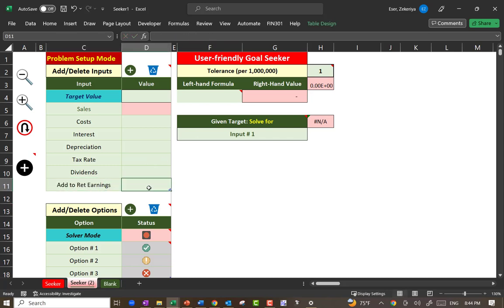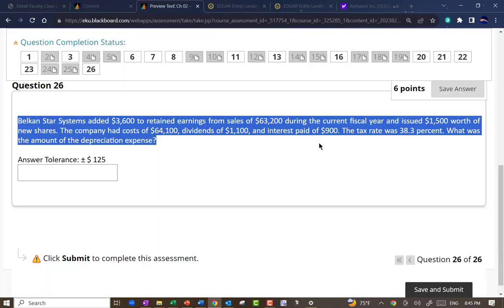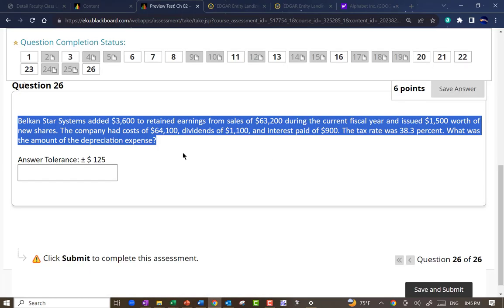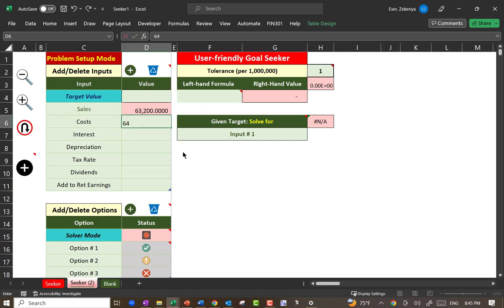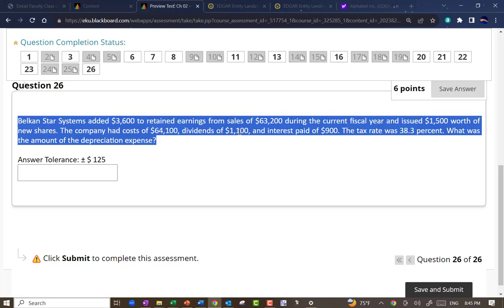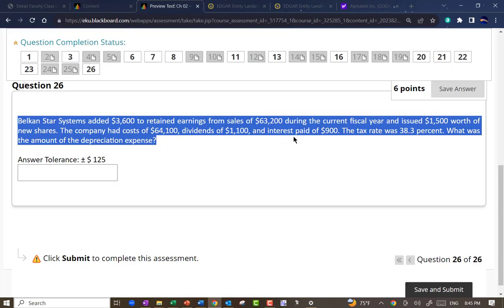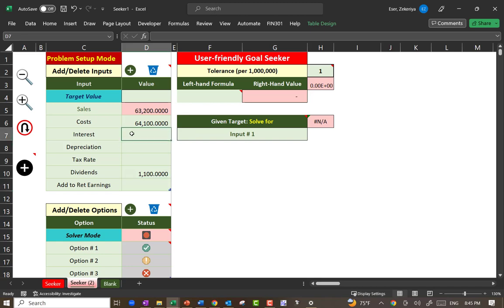Now, here's what I'm going to do. Let's enter the stuff that we know. Sales, 63.2. Costs, 64.1. Dividends, 1,100. Interest paid, 900. Depreciation, we don't know yet.